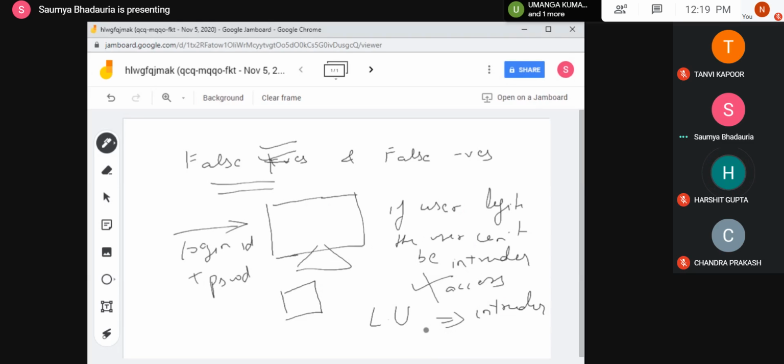Fine. Next thing we need to discuss is what is a false negative. Okay, a false negative occurs when no alarm is raised when an attack has taken place. In layman's terms, it means that an intruder is trying to gain access into the system.